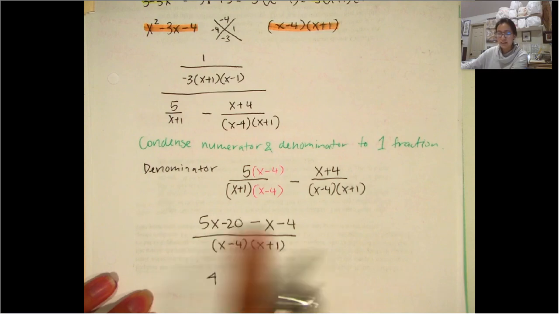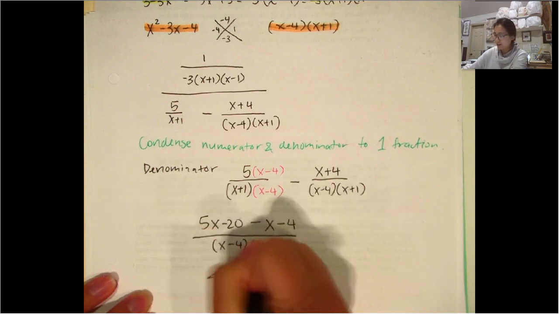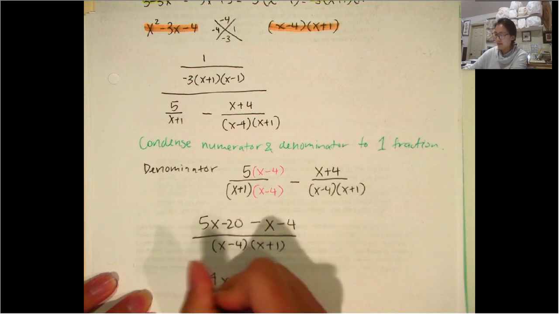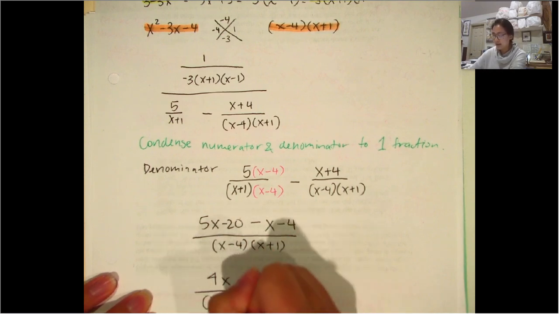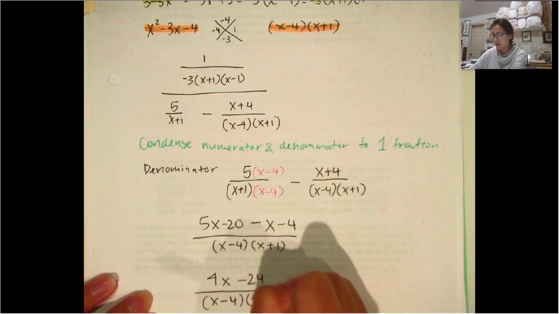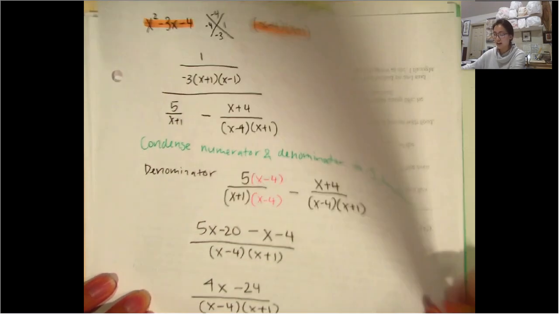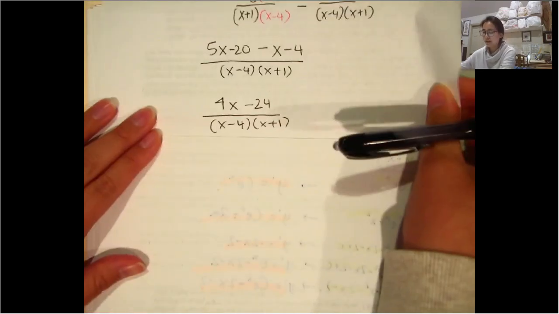So 5x minus x, that's 4x. Negative 20 minus 4, that's negative 24. And then we have that divided by x minus 4 times x plus 1. And again, this is just the denominator, so we're going to go ahead and rewrite the entire problem with the numerator and the denominator.